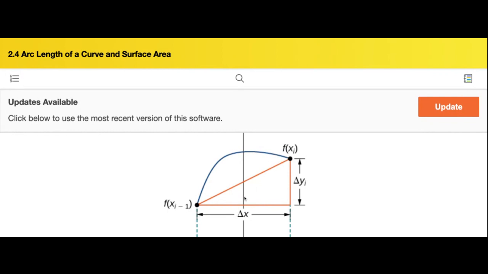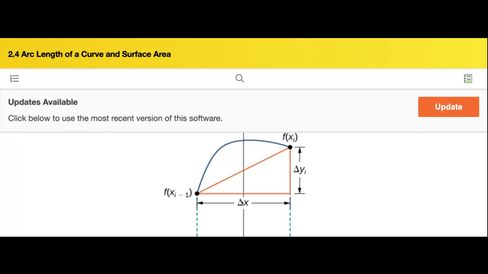Remember, c squared equals a squared plus b squared. So the length from this point to this point is the square root of the difference in x squared plus the difference in y squared.